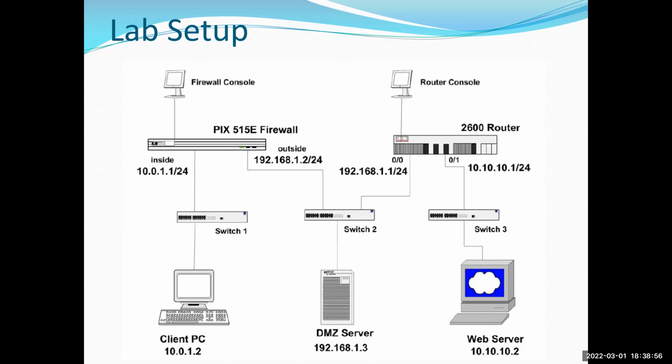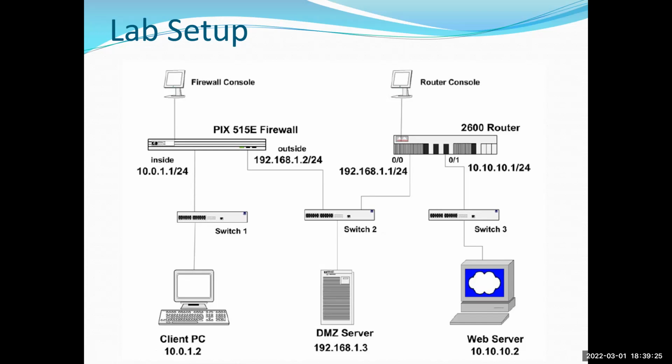Let's say that we were connected to the internet. How would this device know to get to Google's DNS server, 8.8.8.8? Or a simpler version of that is, how does the firewall know to get to the 10.10.10.0 network? So what do you guys think? How could it learn that?